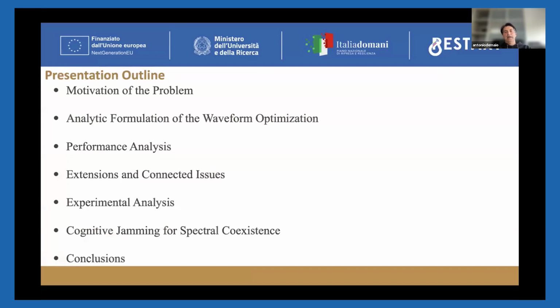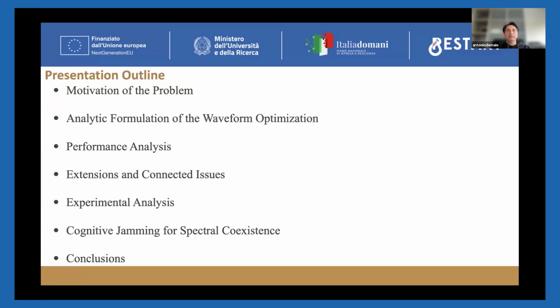Here we can see an outline of this presentation. First of all, we will see some motivations for the problem. Then we will go through the analytic formulation of the waveform design process. Hence, we will see something about the performance of the technique, together with a discussion on extensions and connected issues.